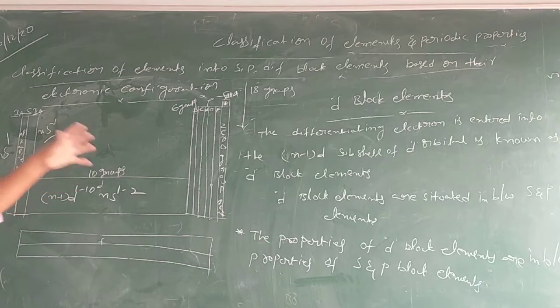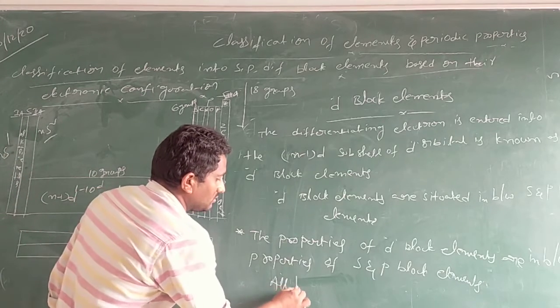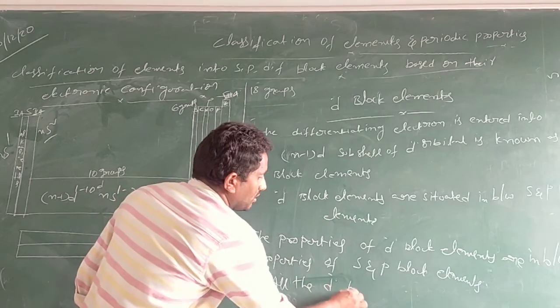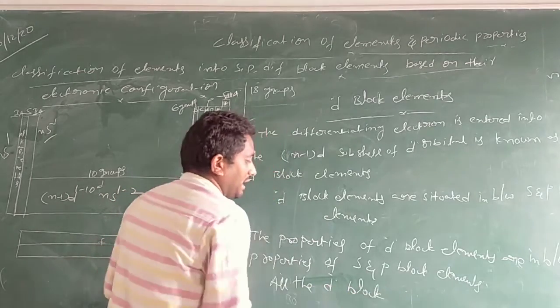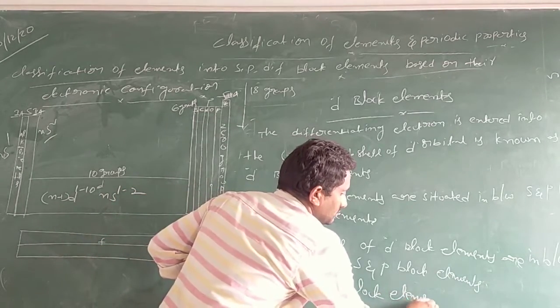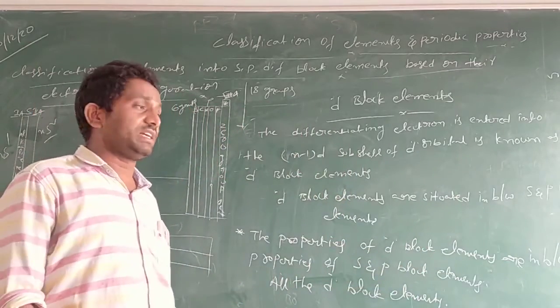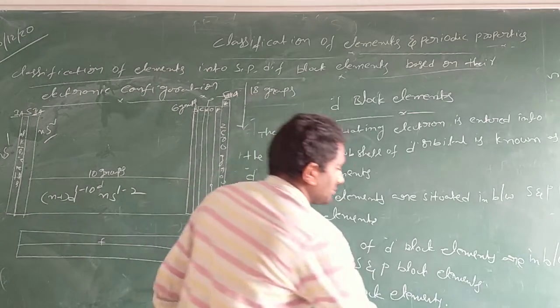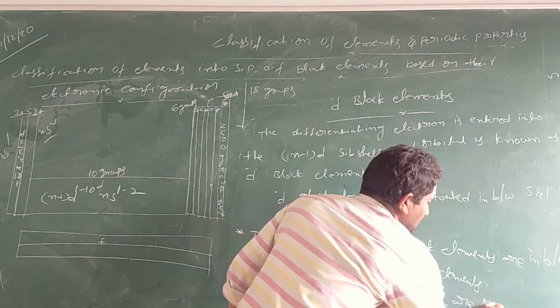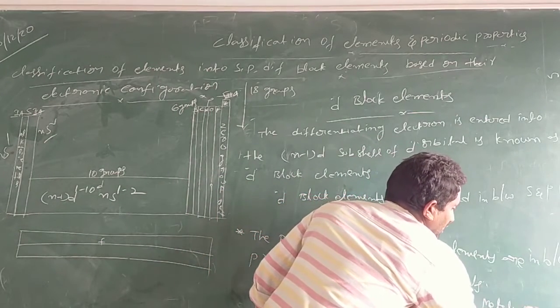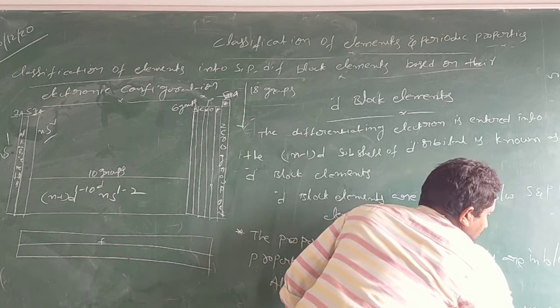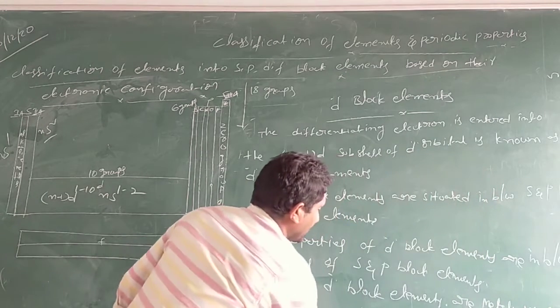All the D block elements are metals. Among metals, non-metals and metalloids, all the D block elements are metals.